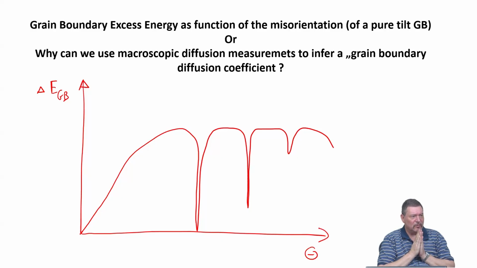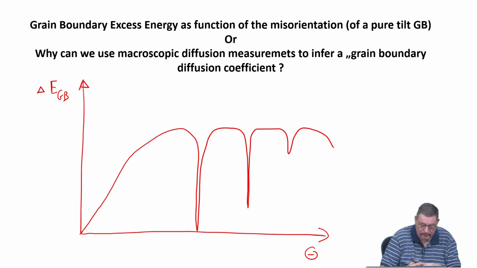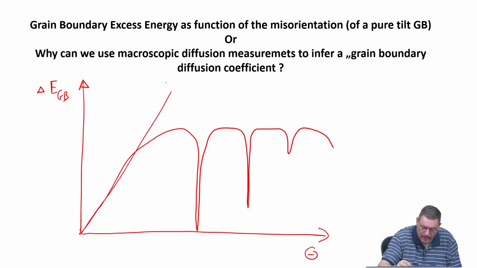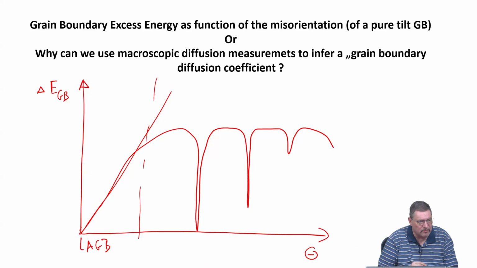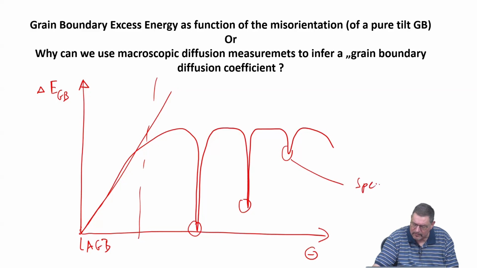So why is it still valid to do this work? It's still valid because we have this region of low angle grain boundaries that contributes very little to diffusivity, because diffusivities on average are low. We have the special CSL boundaries.